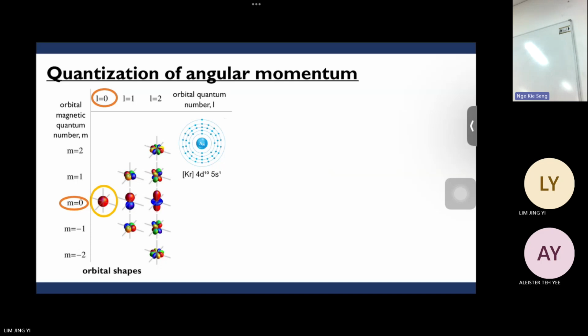When it projects onto the z-axis, the angular momentum along the z-axis can have multiple values, because ml is a range of values from negative L all the way to L. In the Stern-Gerlach experiment, we fixed the field to be along the z-axis, so the angular momentum along the z-axis is what we want to study here.